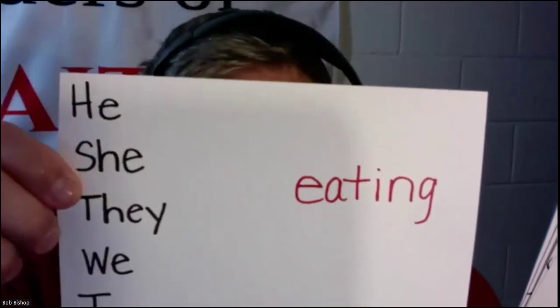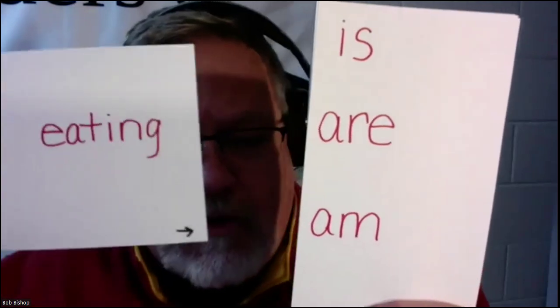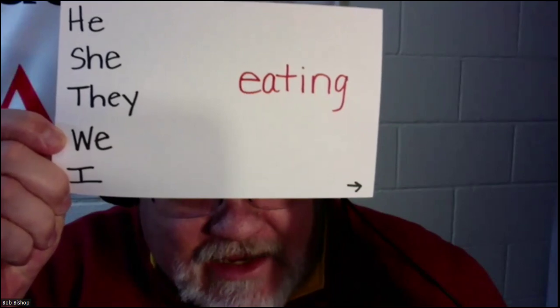These are time. Am. Okay. And these are on. We, they, are. Okay. Is, are, and am. So he is eating. She is eating. And remember, I told you, you can say it is eating.